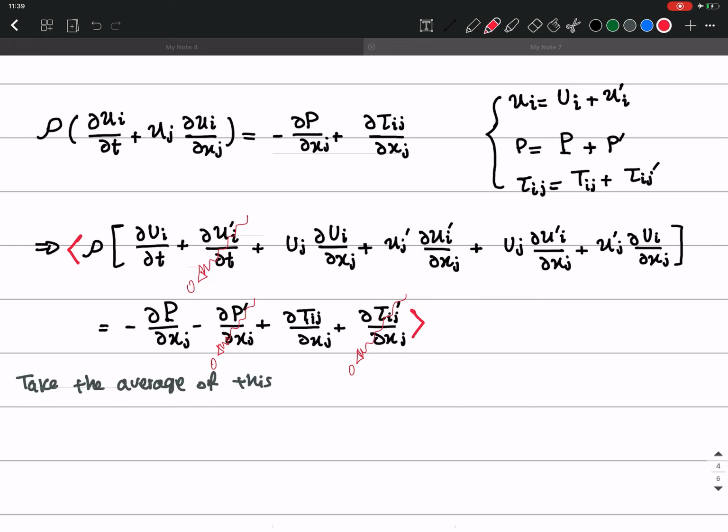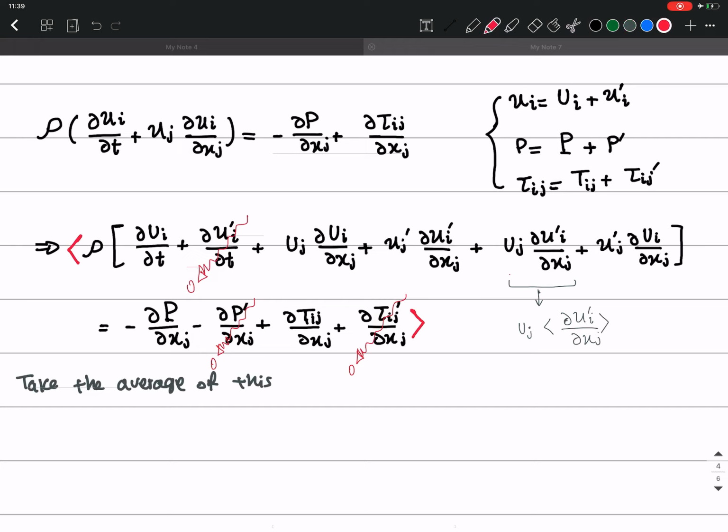Okay? Now, how about these terms? This term is going to be also 0. Why? You can investigate it. If we take the average of that, you can take this uj out of the average, and then you have the average of partial u prime i over partial xj, right?